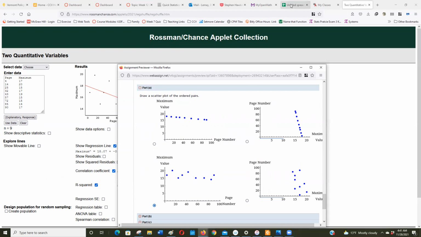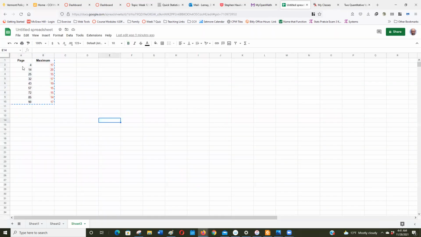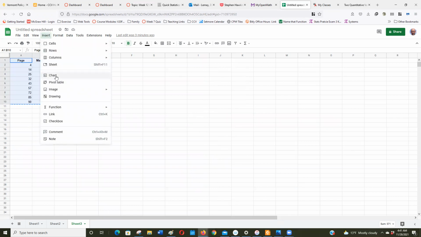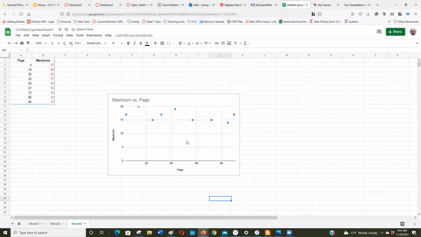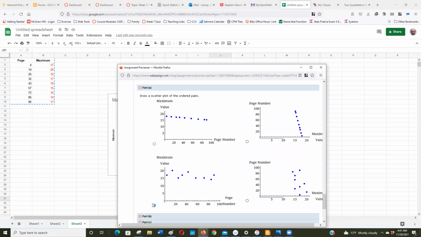I could go to a spreadsheet, and if I wanted to, I could insert a chart. And it picked out a scatter plot for me, so it was nice and inspired. See how the spreadsheet goes from 0 up? So that tells me I made the right guess here. I was guessing that one.